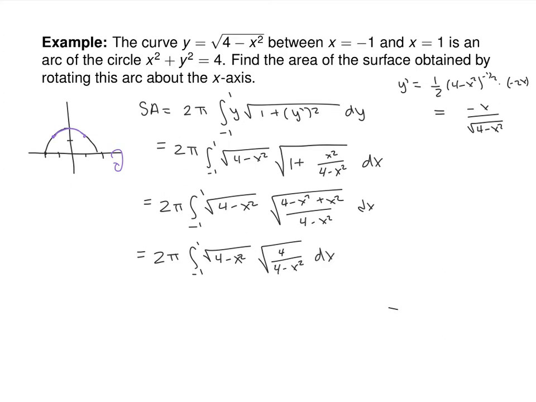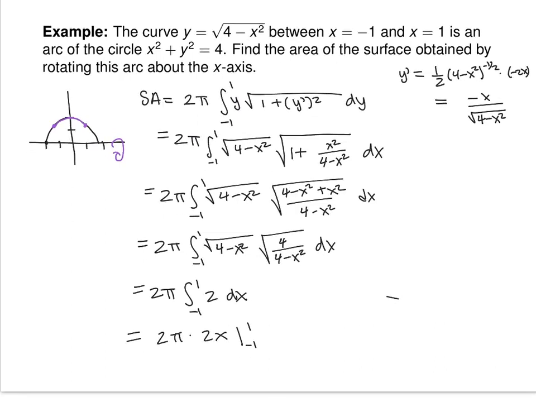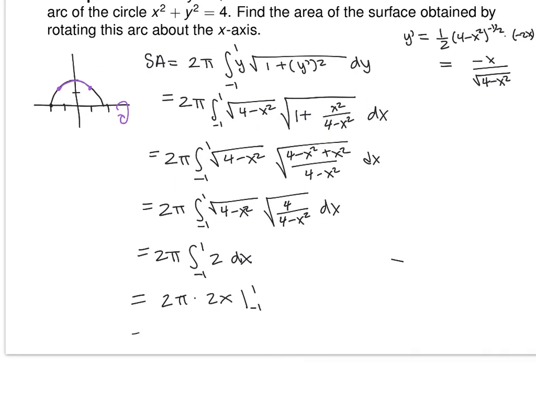And those 4 minus x squareds actually cancel, and you end up with 2 pi integral negative 1 to 1 of 2. Something simple. 2 pi times 2x evaluated from negative 1 to 1, which gives us 2 pi times 2 minus negative 2, or 2 pi times 4, or 8 pi.